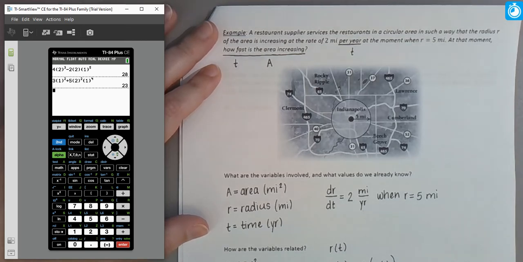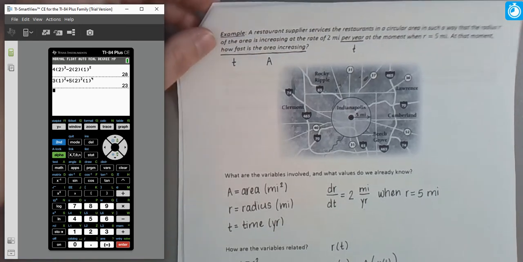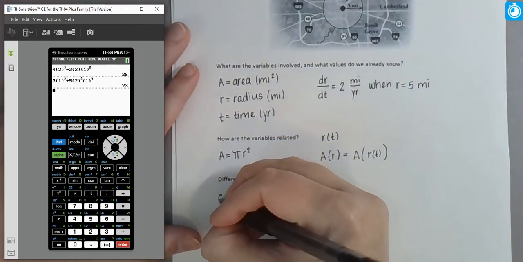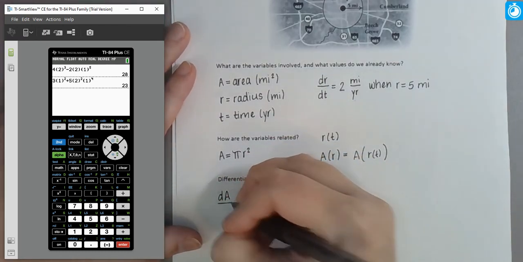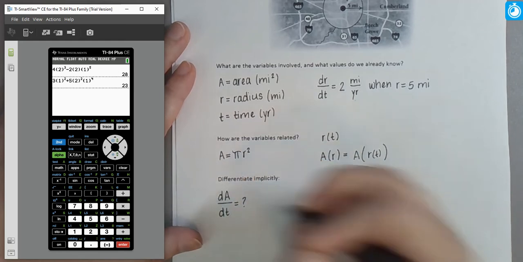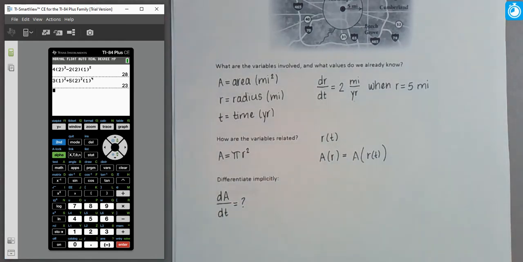In other words, what is the rate of change of area with respect to time? Or what we normally call it, what is the derivative of area with respect to time? That is what we're looking for. How fast is the area increasing? How is the area changing? What is the derivative of area with respect to time?